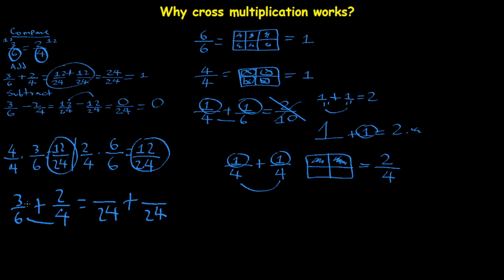This was multiplied by 4, so we multiply this by the same amount, which is going to give us 12. And again, the same with the number 2. We already multiplied 4 by 6, and now we need to multiply 2 by 6, which is going to give us 12. And this is going to give us 24, and we get the same answer as the one in the beginning.